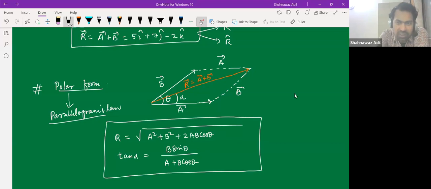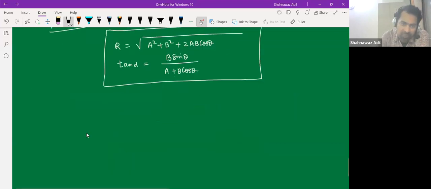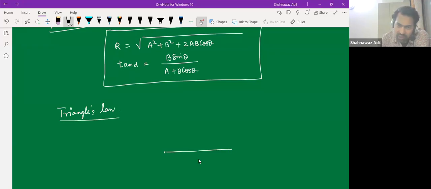Similarly, we have the triangle law. So in the triangle law, what do we do? We have this vector A, and we have this vector B. We take this vector on this side. So this is our B, and then we join them.